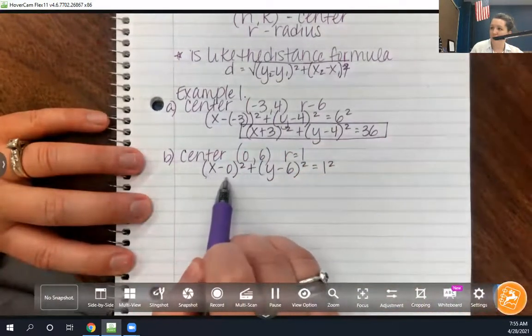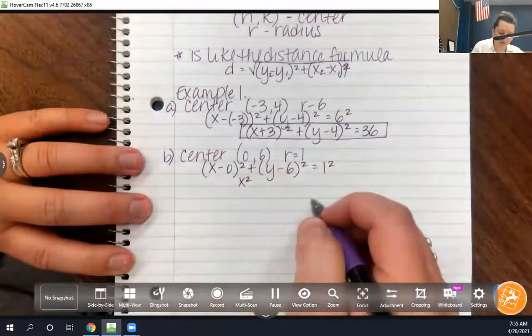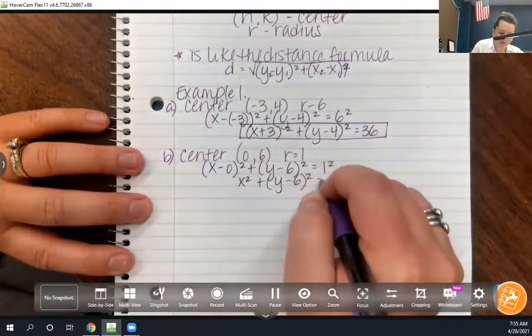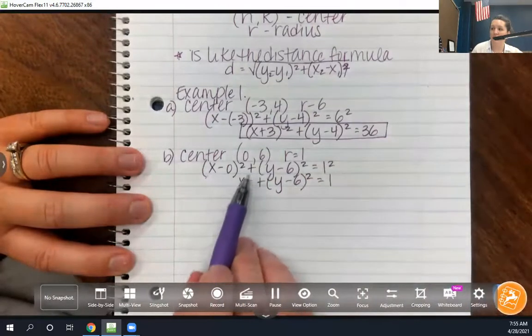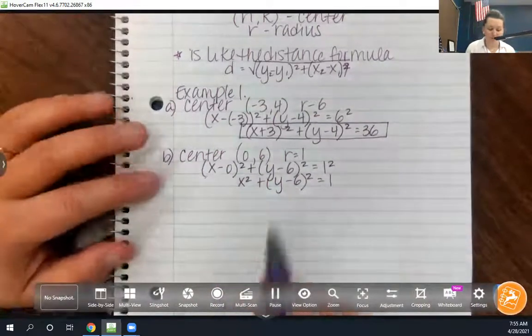So notice that when we're simplifying, x minus 0 is just x. So we have x^2 + (y - 6)^2 = 1. So notice that when you don't have any number next to your variable here, that value is 0 for your center.